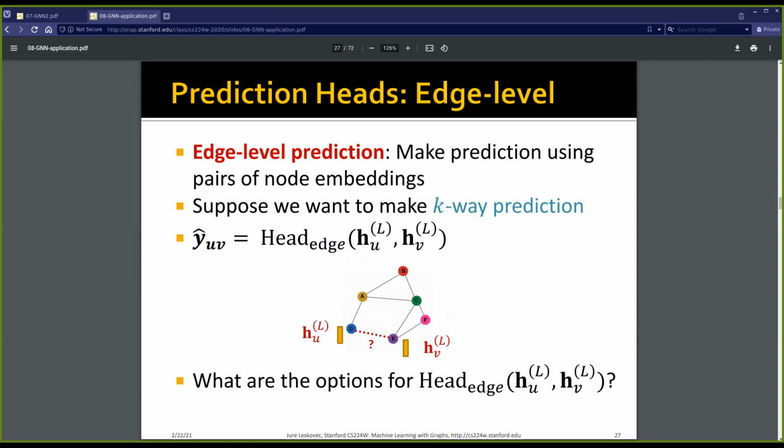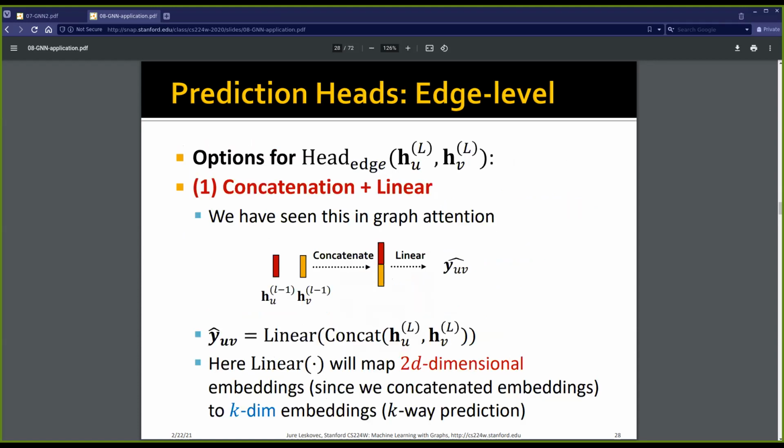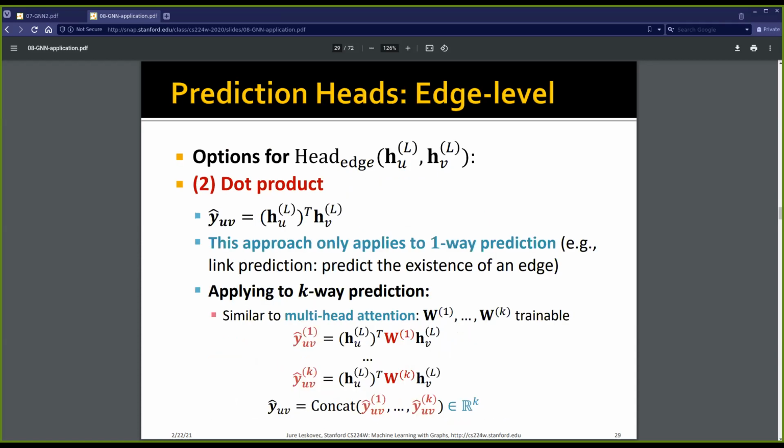For edge level tasks, we need to combine the node embeddings of the nodes that are connected by a particular edge. We can do that like in the case of attention, so just concatenate the 2 node embeddings and then pass them through some linear layer. Again, we can choose that linear layer in such a way that it outputs a k-dimensional vector, so we have k targets for either prediction or regression.